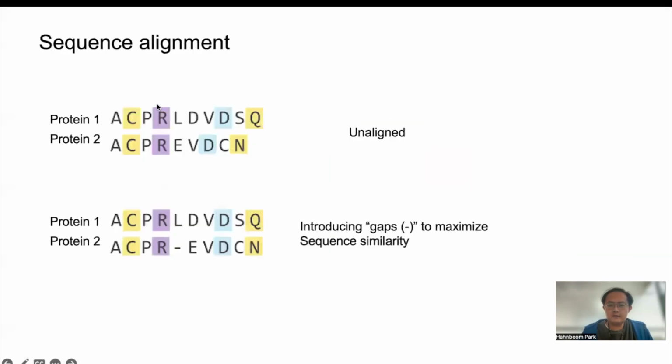What we need is sequence alignment. Because protein sequences are not of the same length, if you just put them together in a simple way, you can see this kind of alignment to each other. But obviously you can find that E and D match to each other, V to V, D and D to each other. If you insert one gap here and slide this whole part, you'll get a much better alignment.